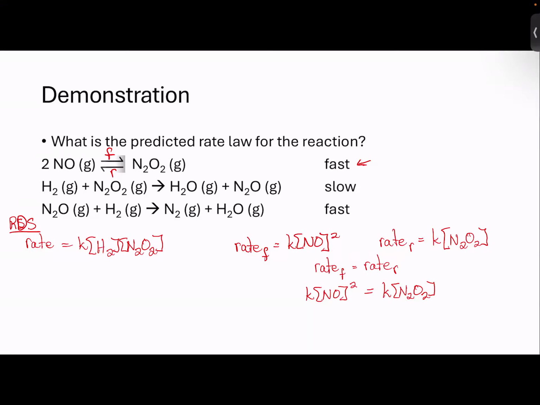Now, to help keep these K's distinct, I'm going to call it the K of the forward and the K of the reverse, but you're going to see them just disappear here in a minute.